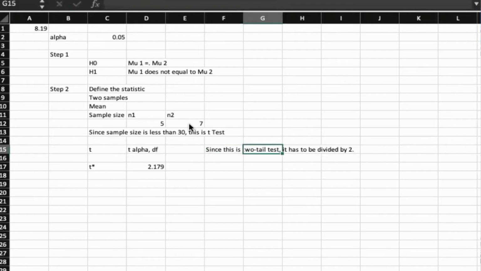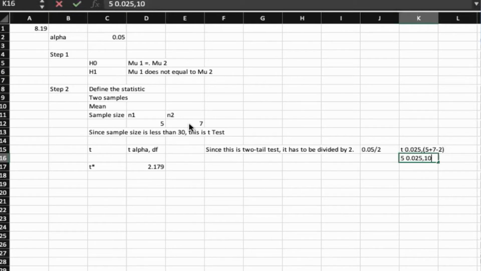So the alpha we are going to use is 0.05 divided by 2, that's 0.025. The degree of freedom is n1 plus n2 minus 2, so 5 plus 7 minus 2. You minus 1 for each one. Right, so that's 10.